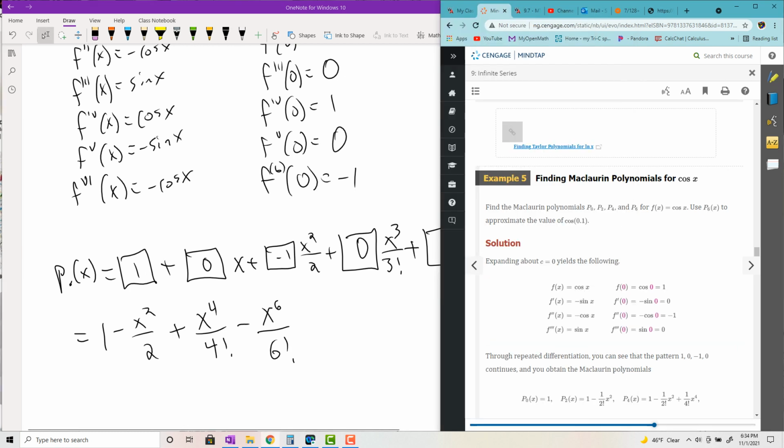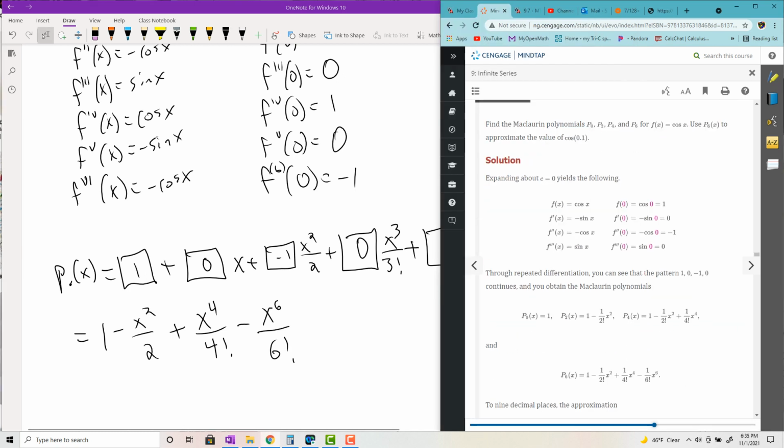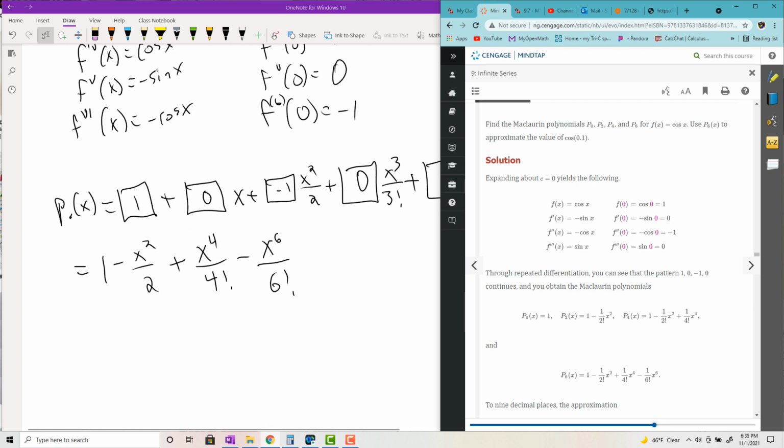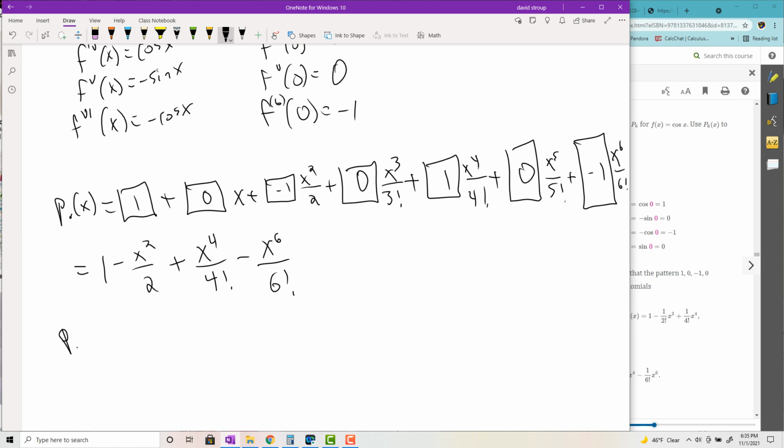It'll turn out sine has all odd terms, so if you kind of know cosine, you'll automatically kind of know sine, because P sub 6 for the sine function is just going to be x minus x cubed over 3 factorial, kind of the missing terms, right? And then plus x to the 5th over 5 factorial.